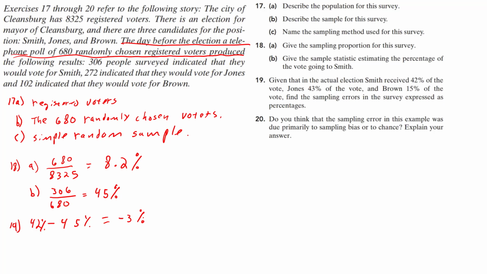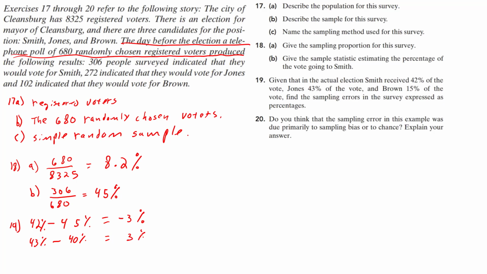Okay. Jones was 43%. But Jones was actually 43%, and according to the survey, 272 out of 680 should have been 40%, and so they were off by 3% in the other direction there.